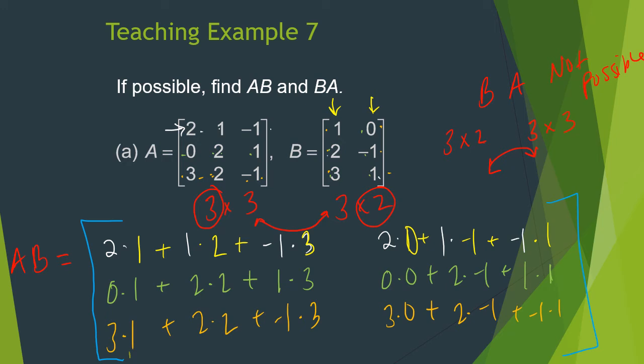I use these values, and they're all there and present. So we're going to write our product matrix. I'm going to write it here up the top because I don't have any more room.